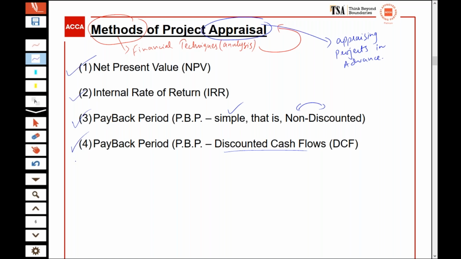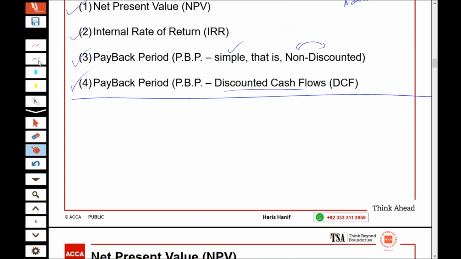But remember one thing, I would like to add one thing here. In all the financial analysis, we do not take profits. Confused? We do not take profits. Yes, we consider cash flows.